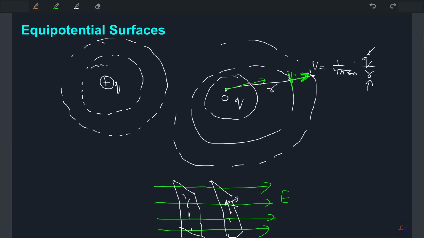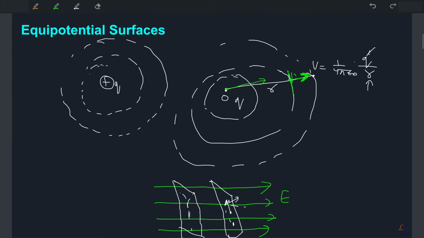Then there will be a change in potential energy as it moves from one point to another on that plane. That contradicts the point that it is equipotential, because the potential should not change on an equipotential surface for a charge moving on it. So obviously the electric field would be perpendicular on such surfaces.